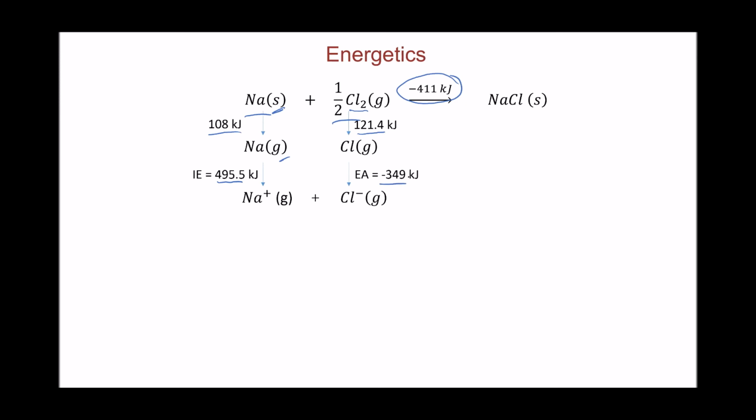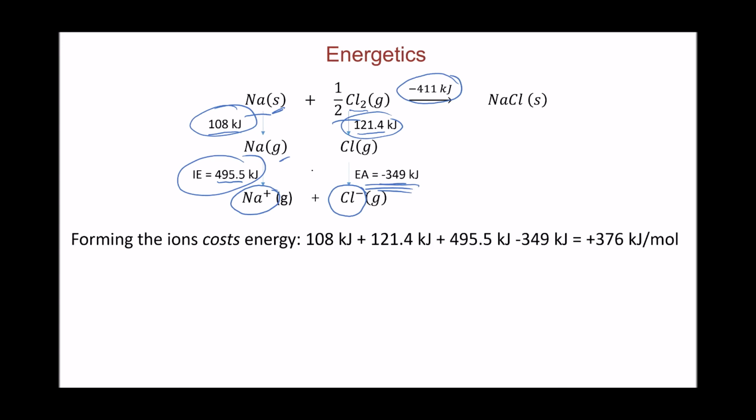However, we have 3 steps that require energy, 1 step that produces energy. So overall, till you reach the point where you have positive sodium ions combined with negative chloride ions, the energy change is going to be the sum of all these changes.